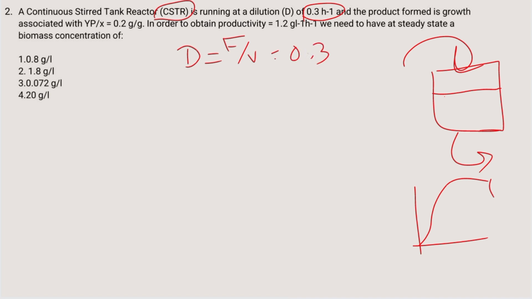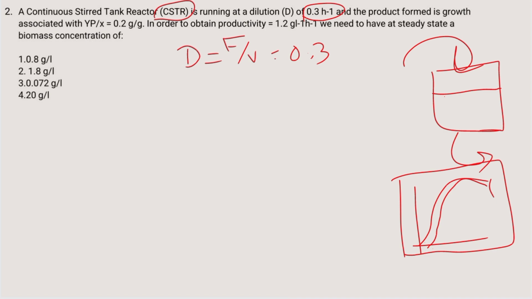And the product formed is growth associated, meaning the production of the product has a close correlation with the production of the biomass. So if this is the growth pattern of the biomass of the cell, then the production of the product will replicate it, and depending on that the product will be produced.